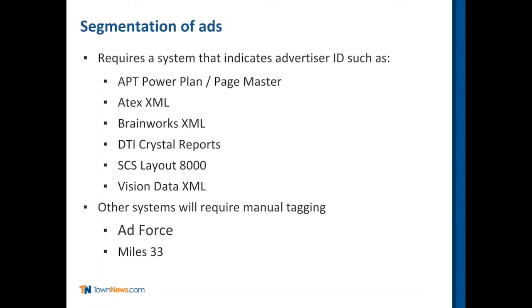And the very, very standard STS layout 8000 feeds this advertiser information, and we can also read it from vision data, although not all our vision data accounts feed to send us that information, but it's possible, and we do read it. We've got a large number of ad force sites, and those don't have that capability yet, but that's something that I expect we're going to be adding at some point in time.